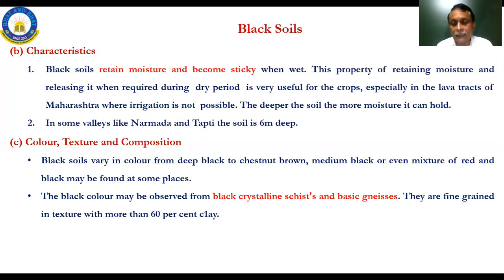So these are the two basic types of rock from which they are formed. These rocks were formed thousands and thousands of years back, and the disintegration and denudation of the soil from these two basic rock materials, both of which are black, is why they have the black color.